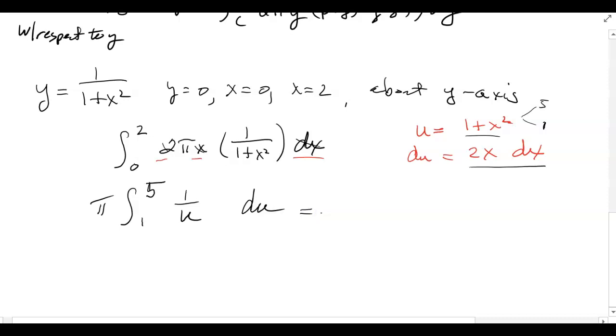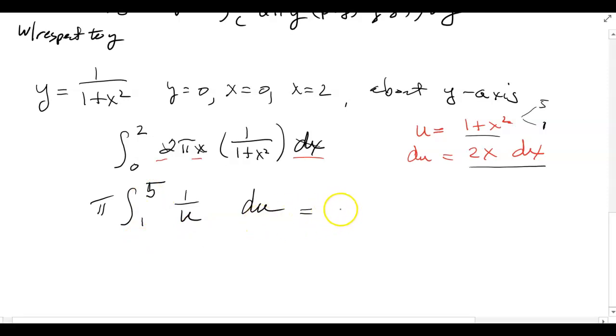This was kind of a shortcut to u sub, where if you change the limit, you can keep it as a u. Remember, you have to do one or the other. If you don't change the limits and you keep the limits from 0 to 2, you have to substitute your 1 plus x squared in before you evaluate. But if you choose to change the limits, you don't have to substitute your 1 plus x squared in. Keep that in mind.